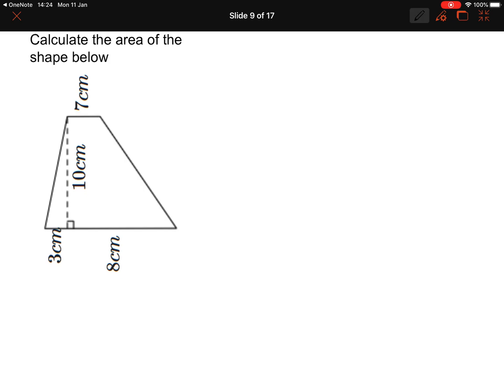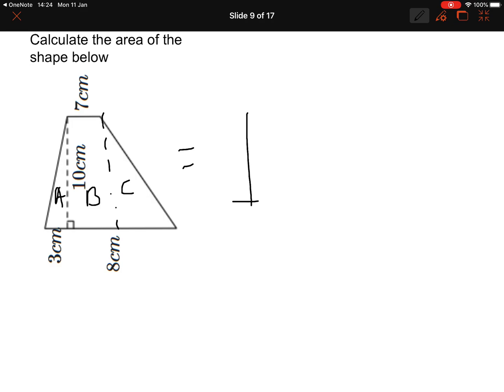All right, now with this one, you've got to be careful because we can split it up into 3 shapes this time. All right, so you should see, if I call this A, you've got a triangle here. In the middle of A, next to A, you've got B, and B is a rectangle, and C would be another triangle, okay?